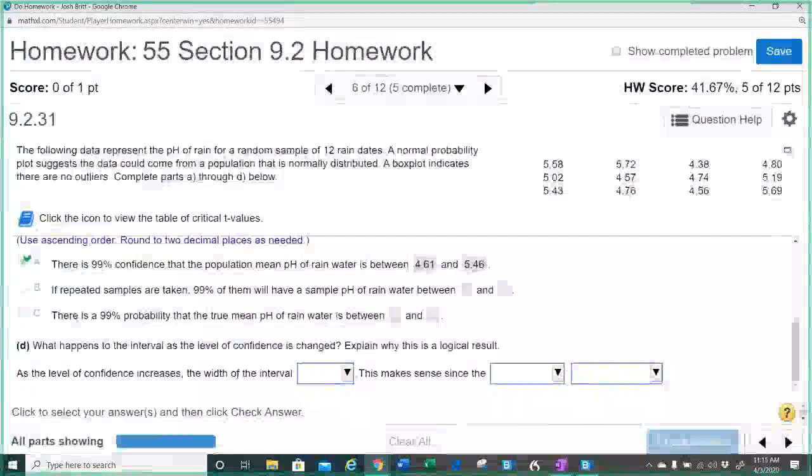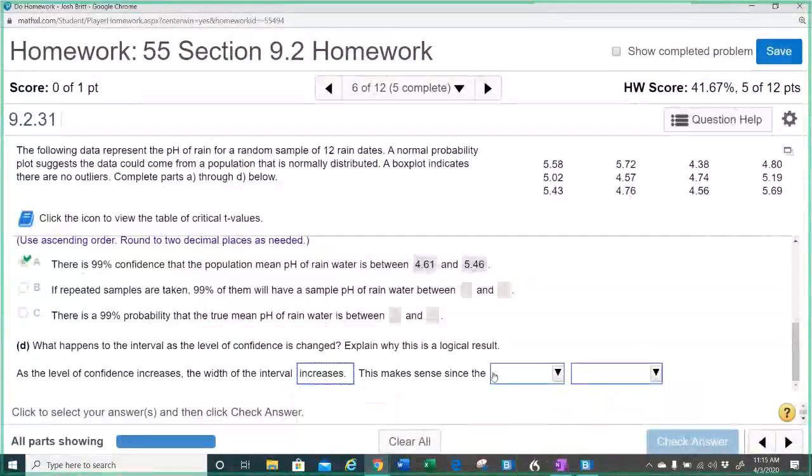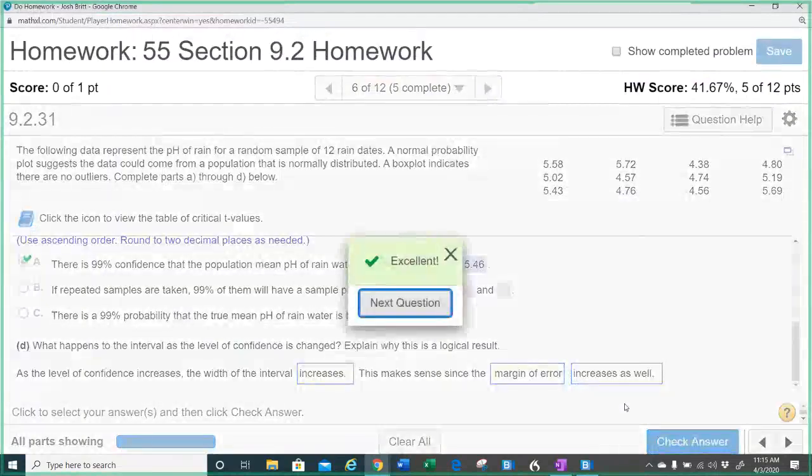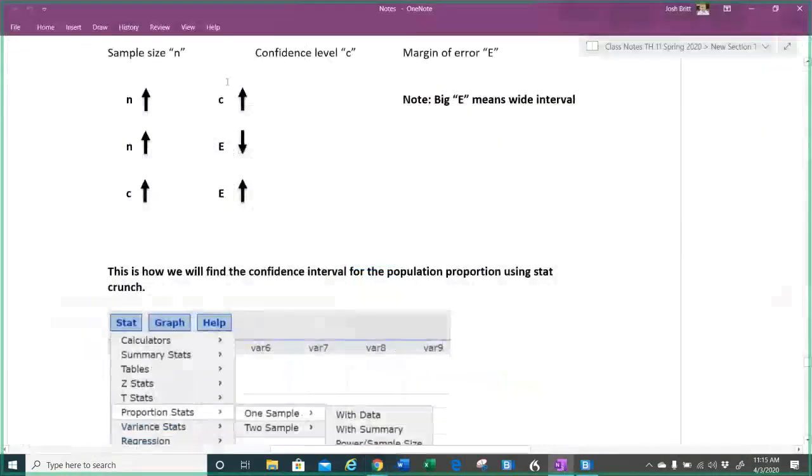So as level of confidence increases, the width of the interval increases. This makes sense since the width of the interval is connected with the margin of error, so the margin of error would increase as well. So again, for questions like this, the best thing is just to use these little arrows here.